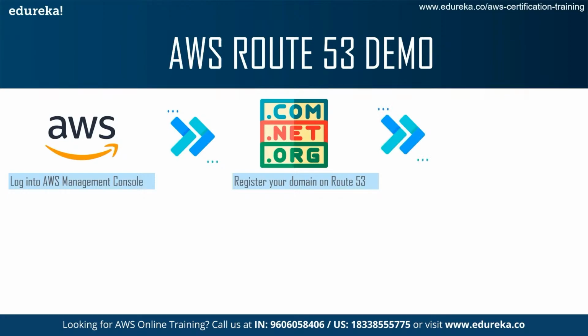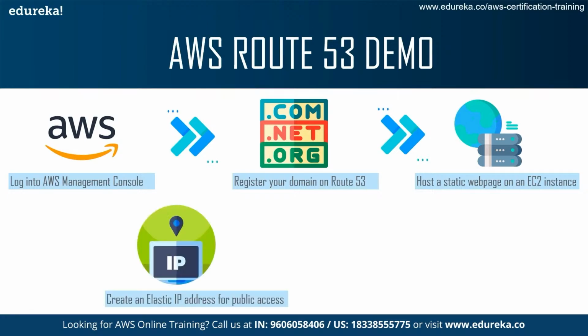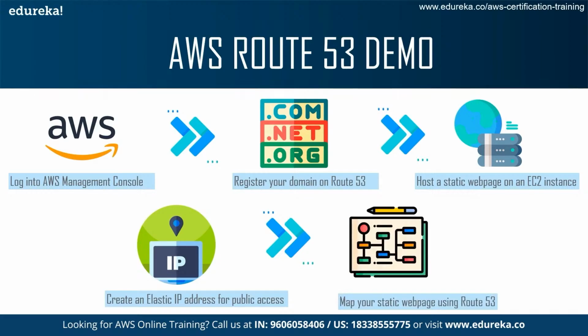Then we can host a static web page on an EC2 instance that you have, like a T2 micro for Ubuntu, and then use Putty to access the instance that you created on EC2. Then you create an elastic IP address for the public to access your domain. And finally, you map your web page using Route 53, right? So this is in short how Route 53 works, as we saw.